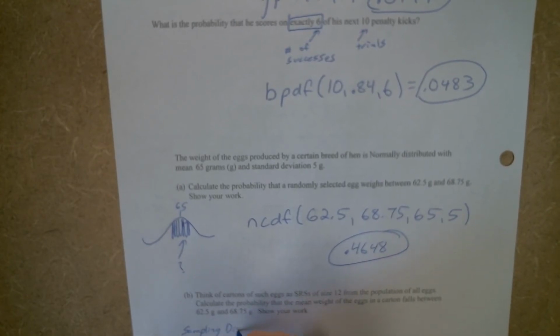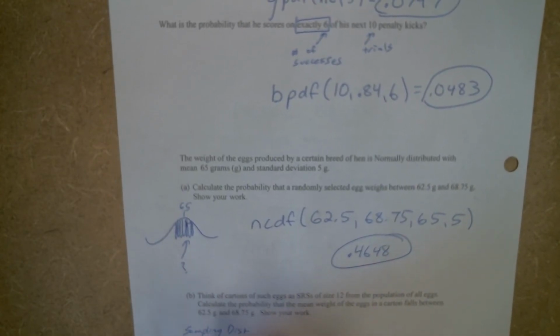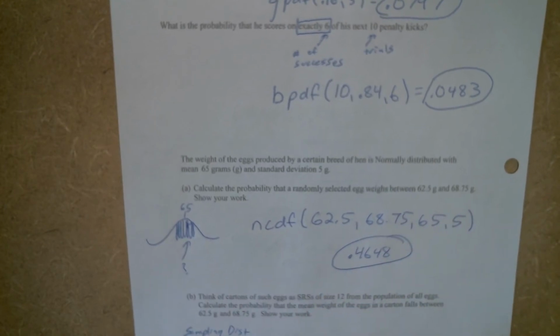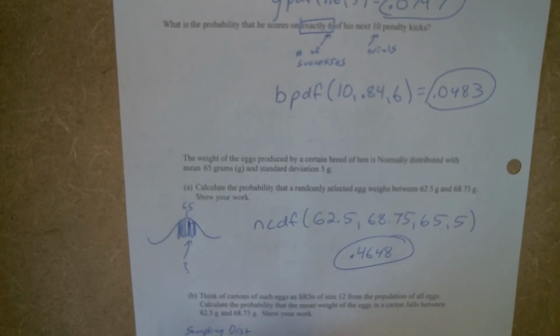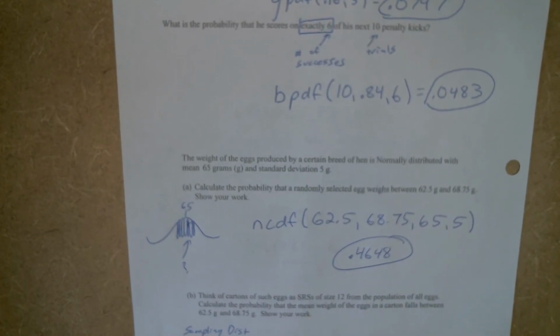All right, and the mean of that sampling distribution, the mean of all of the X bars, is going to equal the population mean, which is 65. The standard deviation of that sampling distribution is going to be the standard deviation of the population divided by the square root of n.